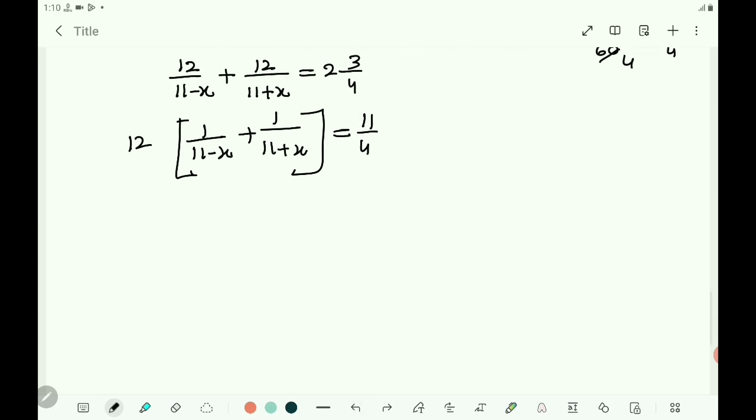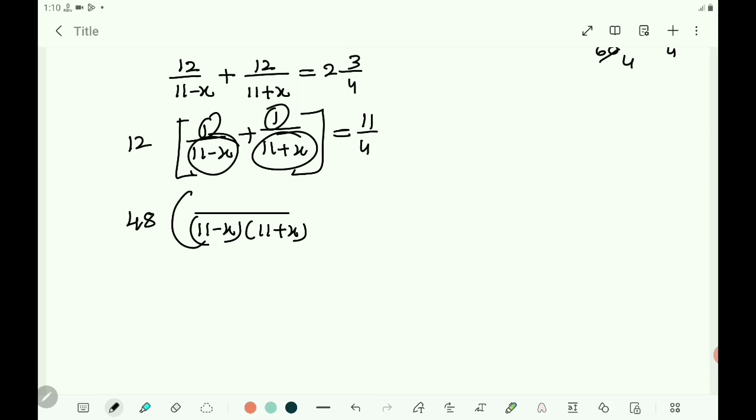Now here 12 into 4 you can write, 12 fours are 48, into, here you take the LCM. 11 minus x into 11 plus x becomes the LCM, the product of these two. Then here 1 into 11 plus x plus 1 into 11 minus x.